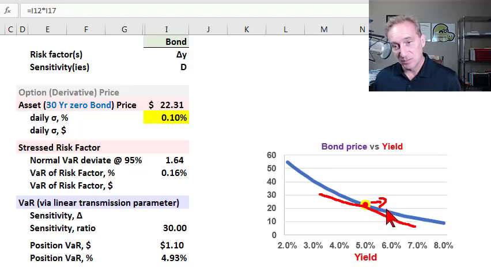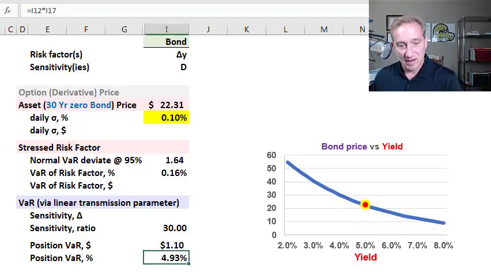In this case that's an up yield move. And using this line, where would we end up? We'd end up here, down 4.93% on the price. So we're only using the line, that's the linear approximation associated with duration. It's elegant, convenient, fast. Its weakness is that it's omitting the convexity here in the curve.